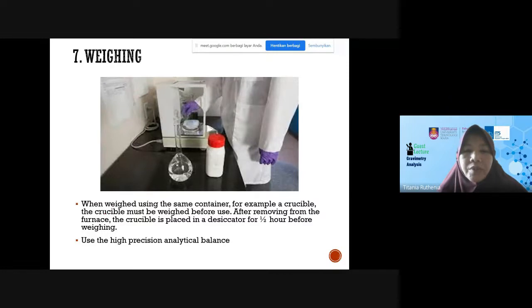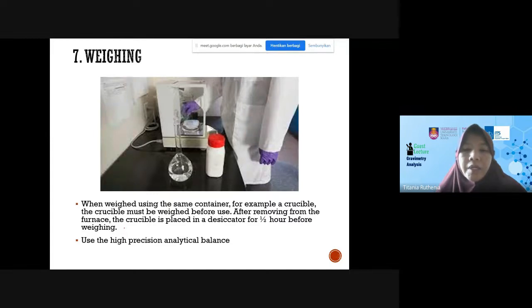So we have to know the mass of the crucible before we weigh it together with the precipitate. And also, if we use filter paper, we have to know the mass of the filter paper before we use it for the filtration process. After removing from the furnace, we can place the crucible together with the filter paper and the precipitate in a desiccator for half an hour before weighing so that it will be more stable.